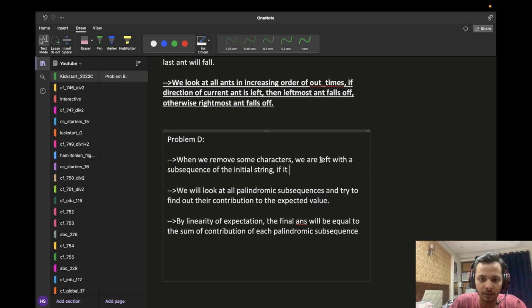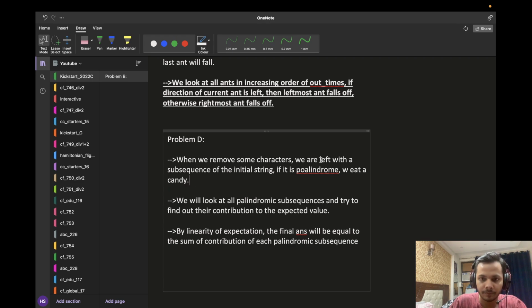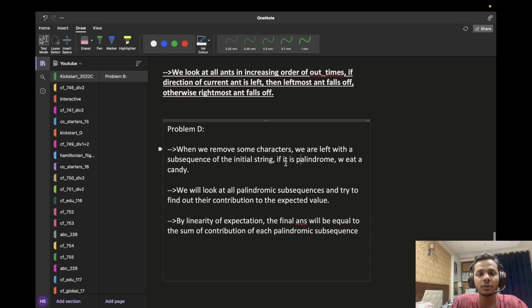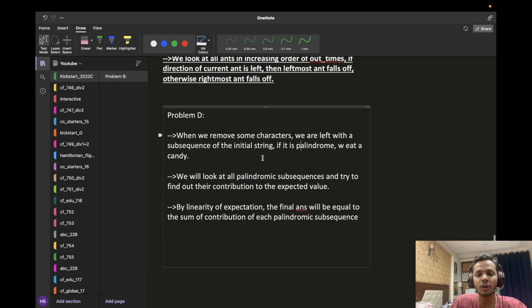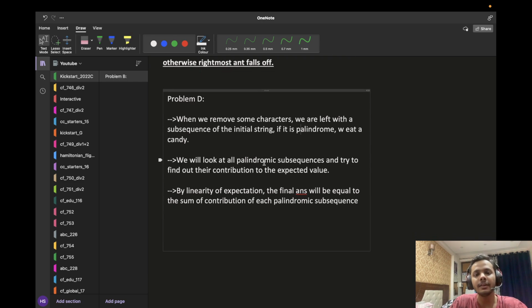So basically, if we have a palindromic subsequence, what we have to calculate is its contribution to the expected value, right?